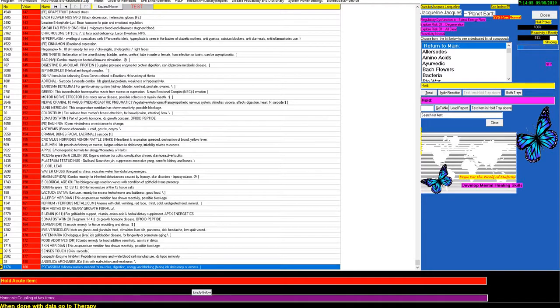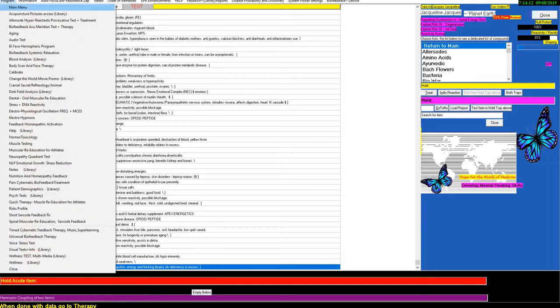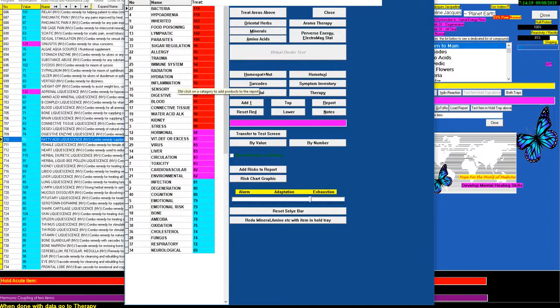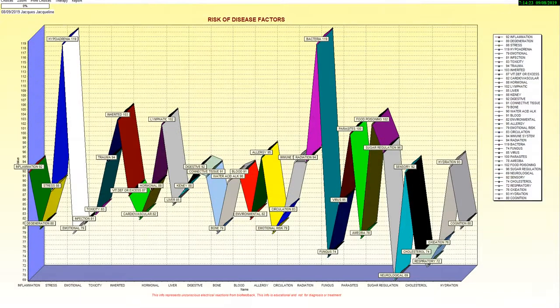The next step is to go and see the risk profile. The risk profile will give me some indication of the potential risk for that client today. Then I can go and do a chart here, and it will tell me bacteria, then hypoadrenia, and then some neurological.